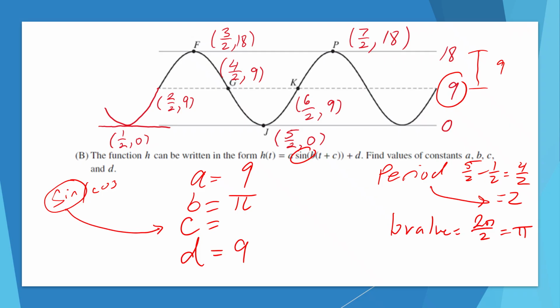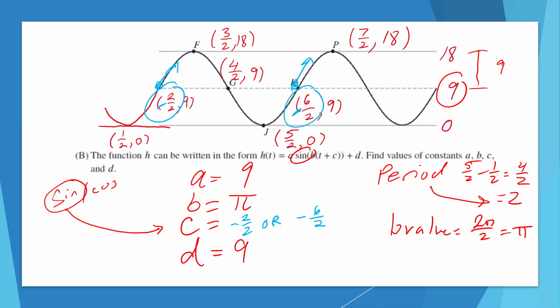And then C is going to be our C value, or this is our starting point. And so remember, for sine, our starting point is going to be negative, or the opposite of our midline going up point, or K. So I would accept either negative 2 over 2 or negative 6 over 2 as a correct answer there.